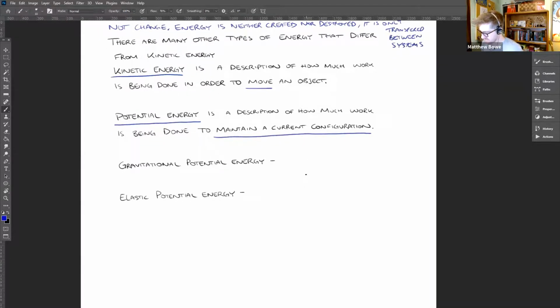So I'll phrase it like this: how an object with mass is located with respect to nearby larger objects of mass.